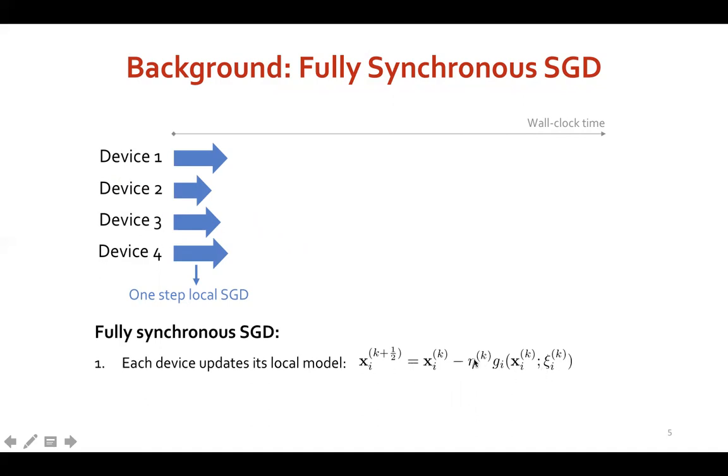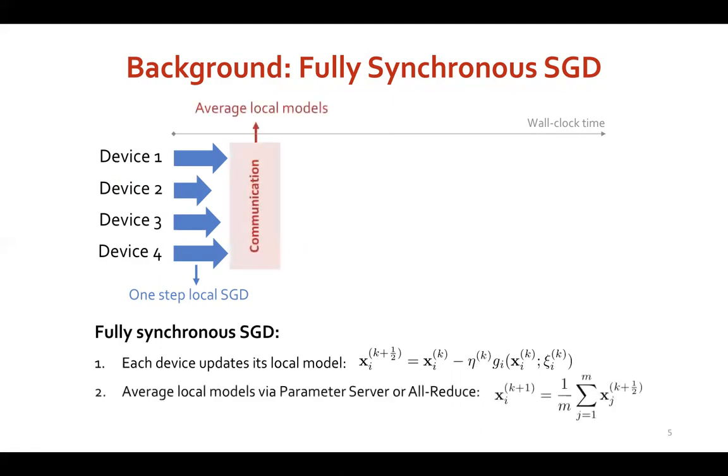After each worker performs one local step, we use either a central parameter server or an all-reduce aggregation mechanism to aggregate all the models that are trained by the different workers.